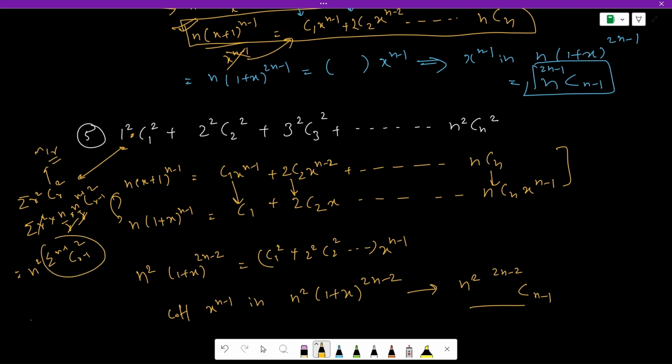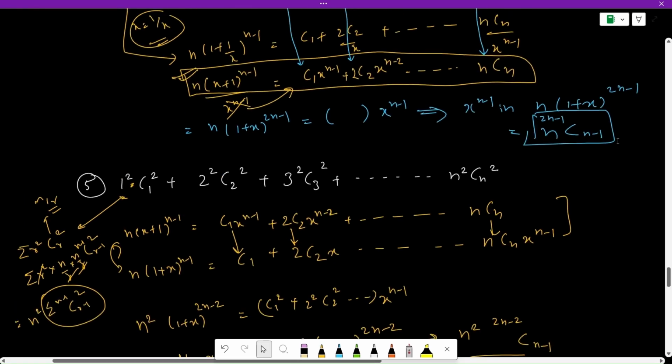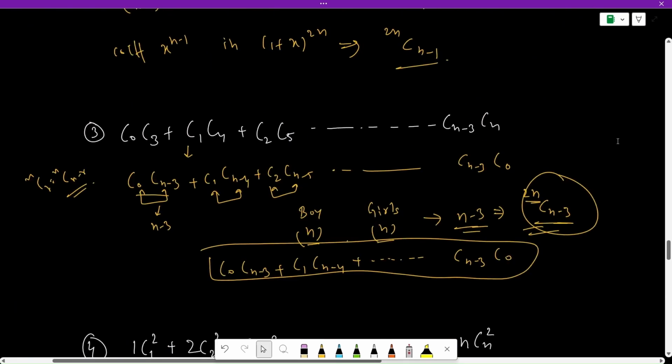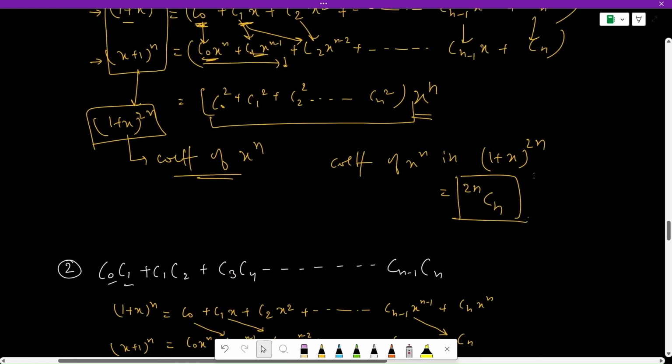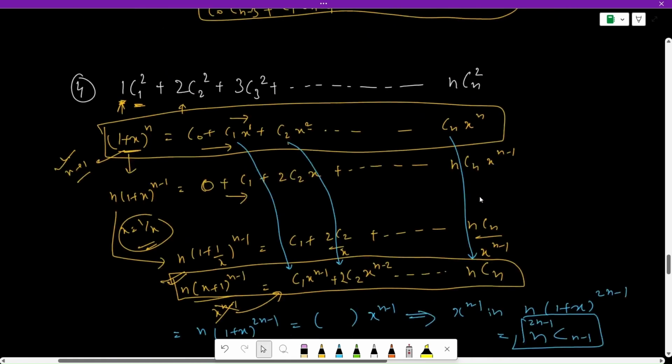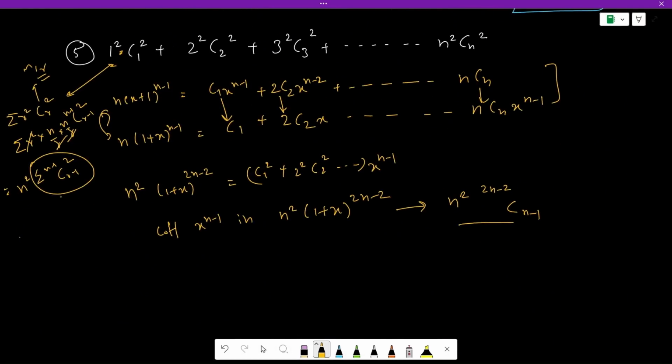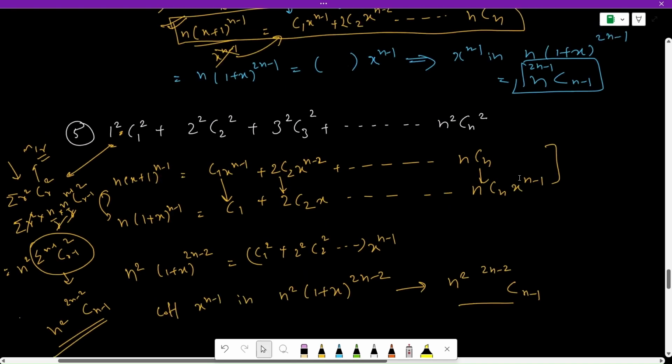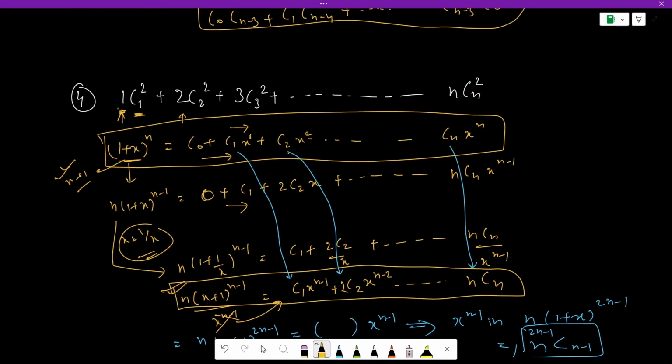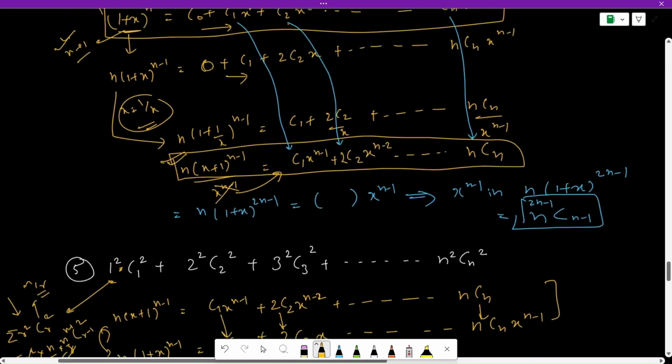Now what will be the value of this? We have already solved that. The value will be 2n minus 2 c n minus 1. So now let's just put it here. This is equal to 2n minus 2 c n minus 1 into n square. The same result we have derived using the type 1 we have learned. Similarly, you can derive this result also using the same method we have just discussed.